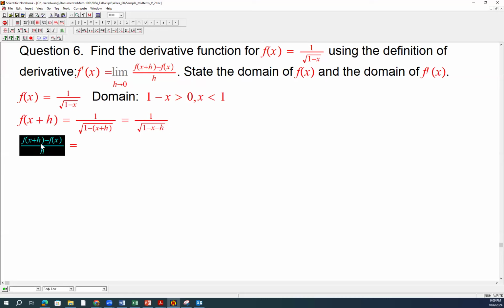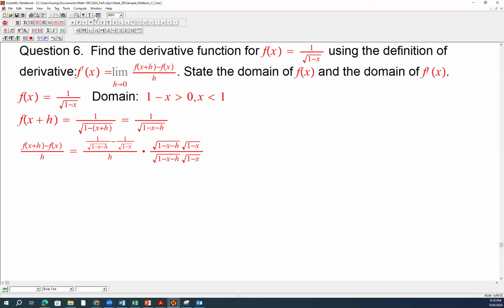Then plug in f of x plus h, subtracting f of x, divided by h. Complex fraction, right? So we're going to have to simplify it. The common denominator will be this root multiplied by the other root. You could combine these two, but for now, just write it separately, okay? Because this will be more convenient for us for future use, okay?